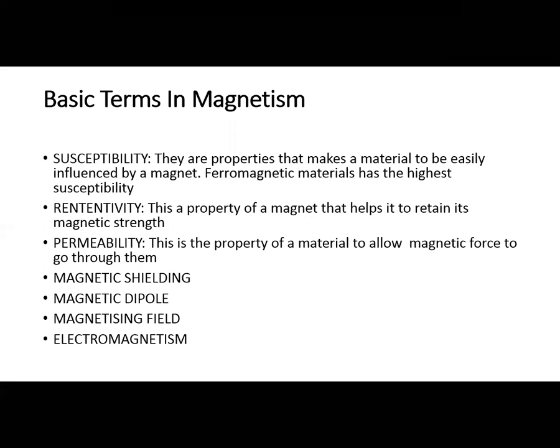As I was saying, we have some methods of demagnetization. I mentioned the heating method. Heating method means you heat it red hot, then you leave it to cool. What happens is that it loses its magnetic properties.